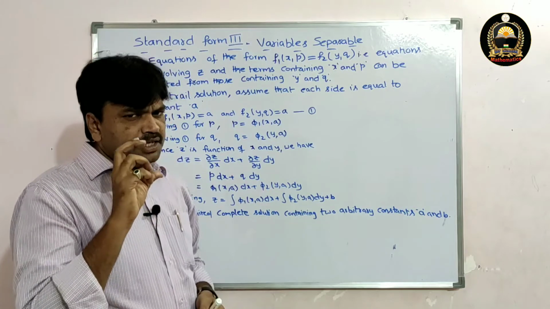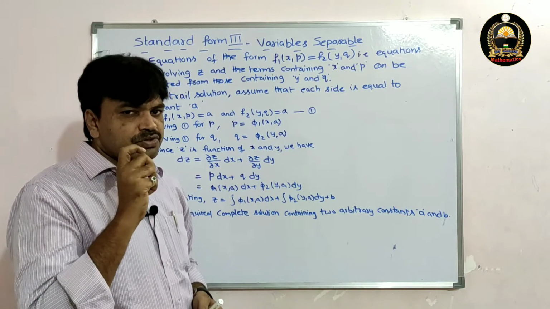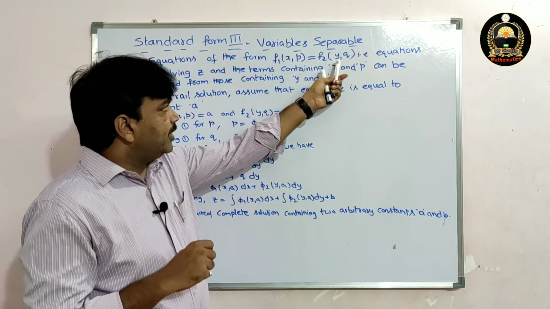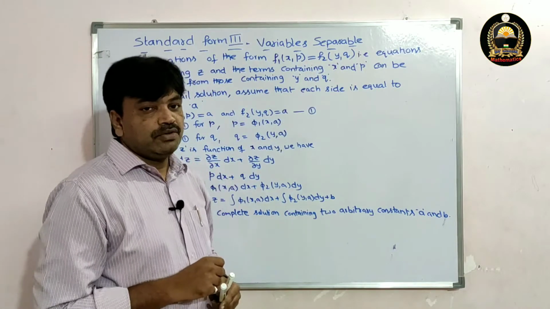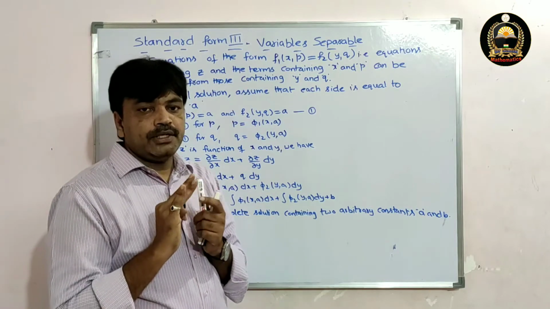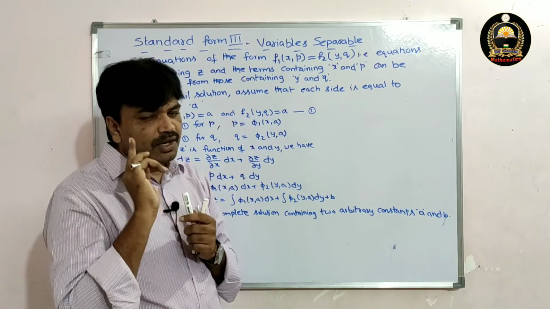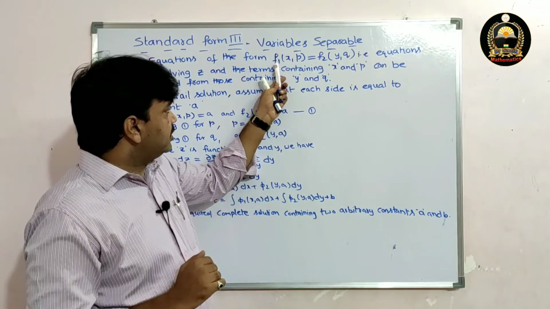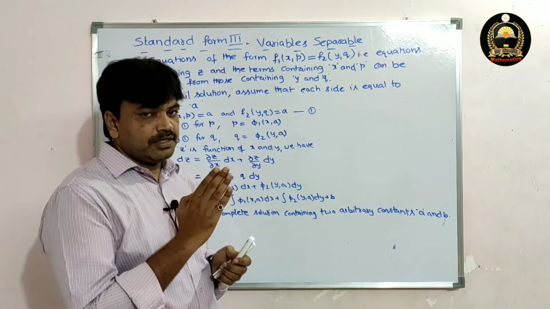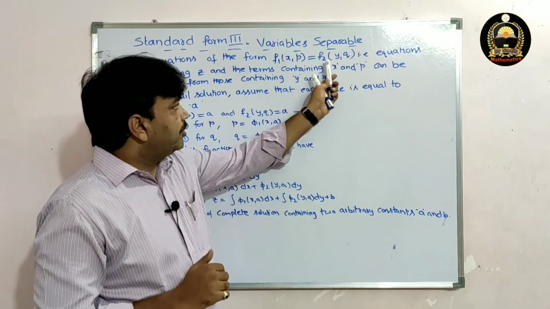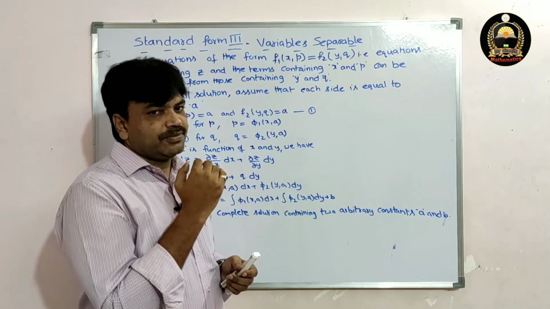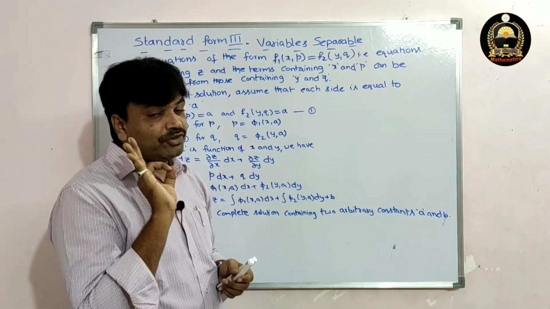That means the equation contains four terms: x, y, p, q. Remember, f1 of x, p is one side, and f2 of y, q is the other side. Please remember the form, students.